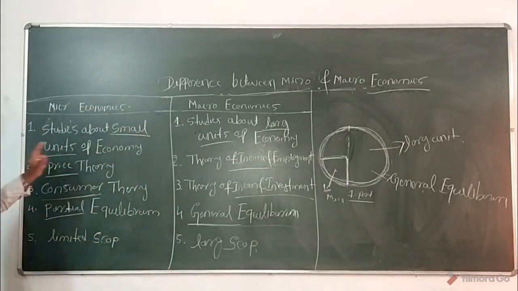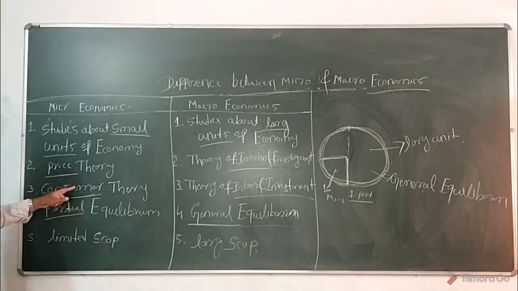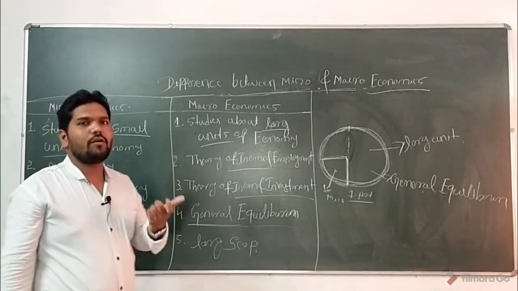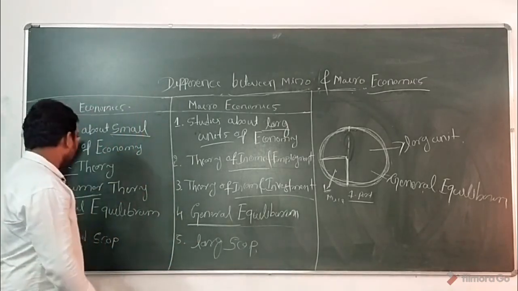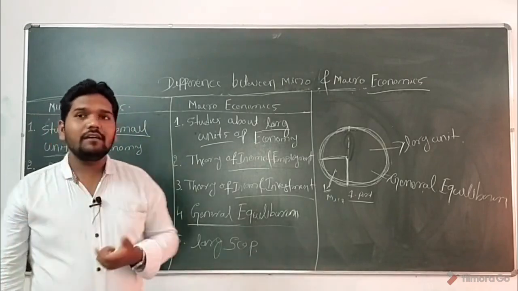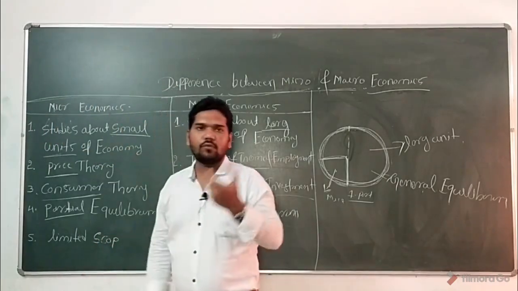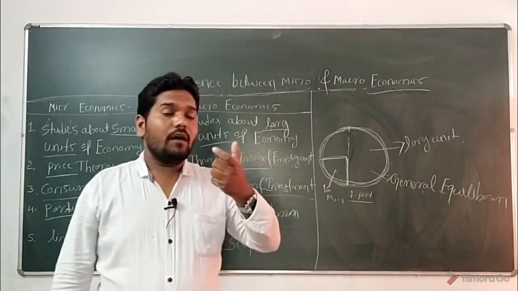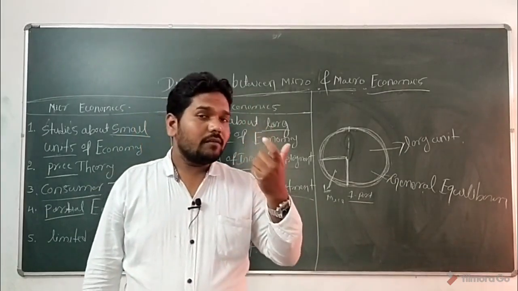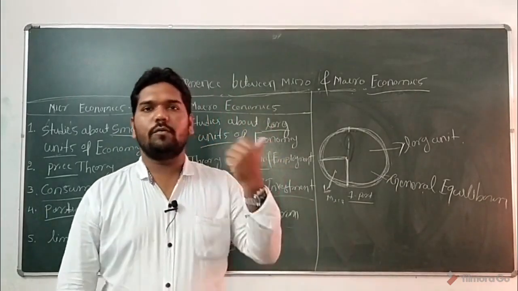These are all small units, and these are all large units. So how is the scope? What is the microeconomic scope?